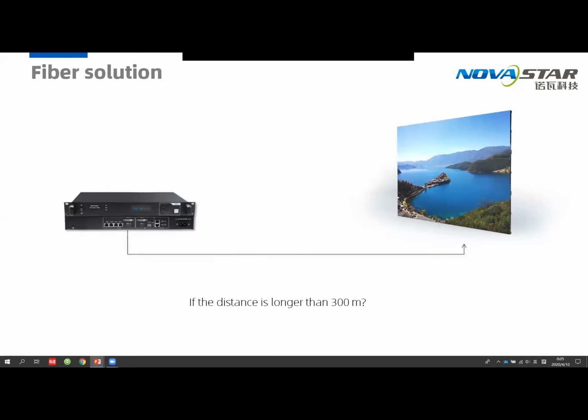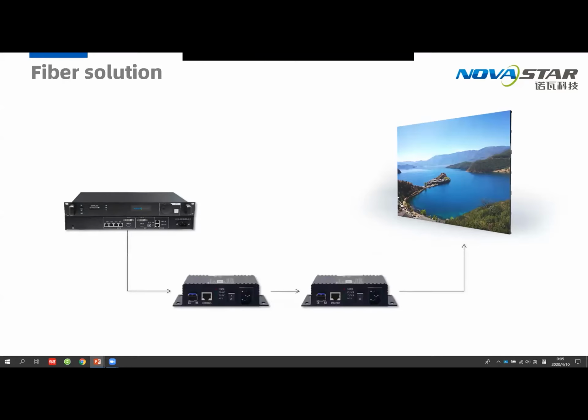And sometimes the distance between the controller and the LED display is more than 300 meters, so we cannot use that converter anymore. What shall we do? Here I still have the same picture, but a different device model.